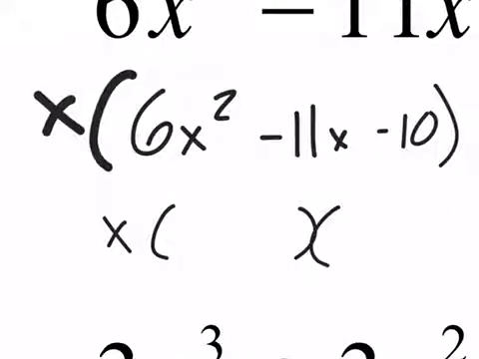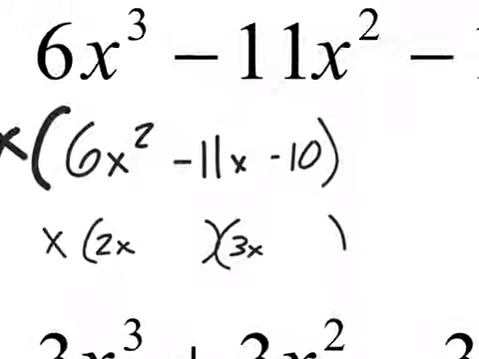Now for this one, I'm not sure if it's going to be 6x and... start over. Splitting this 6x squared, it could be 6x and 1x, or it could be 2x and 3x. I'm just going to check 2x and 3x first, as just a guess. And then I need factors of 10, which will be 2 and 5, or 1 and 10, where one of them needs to be negative.